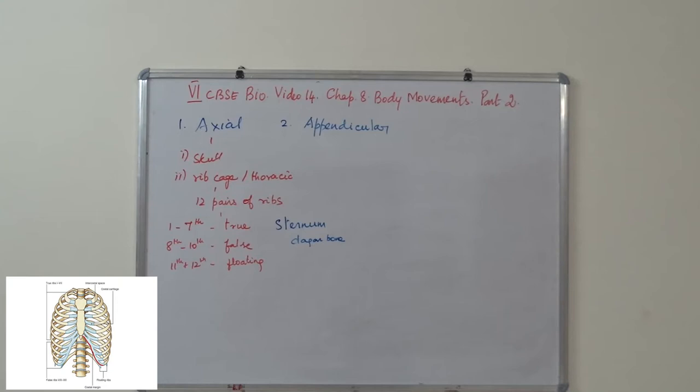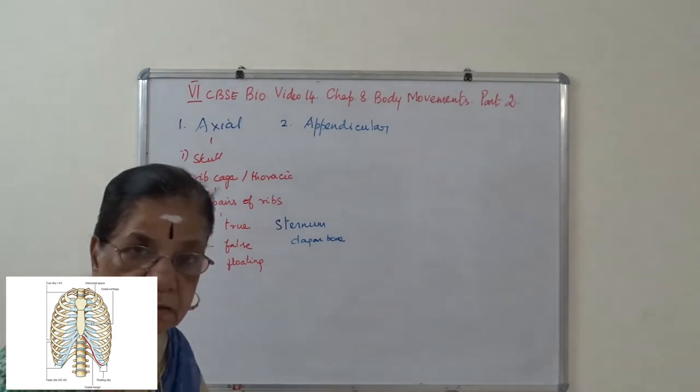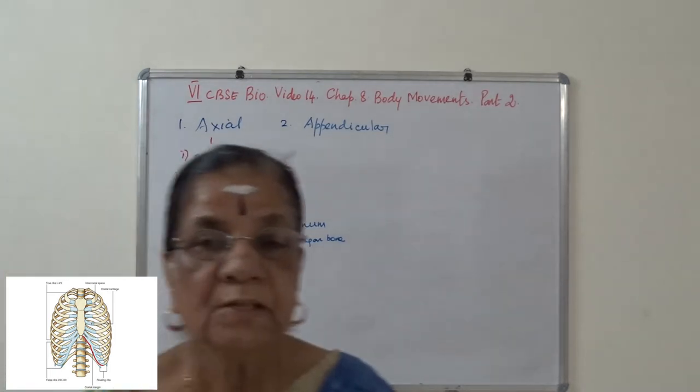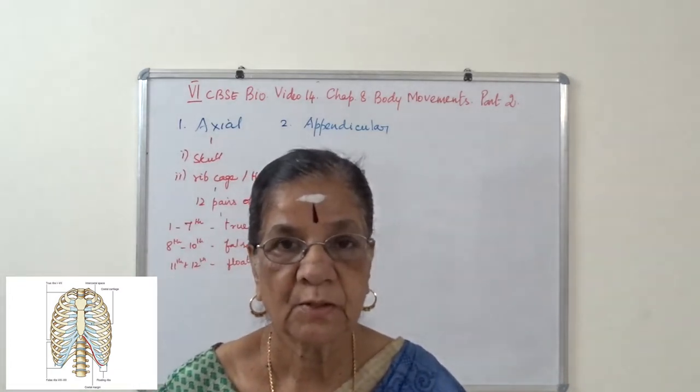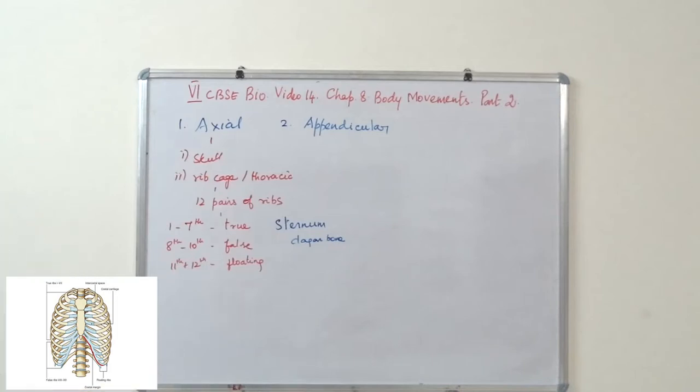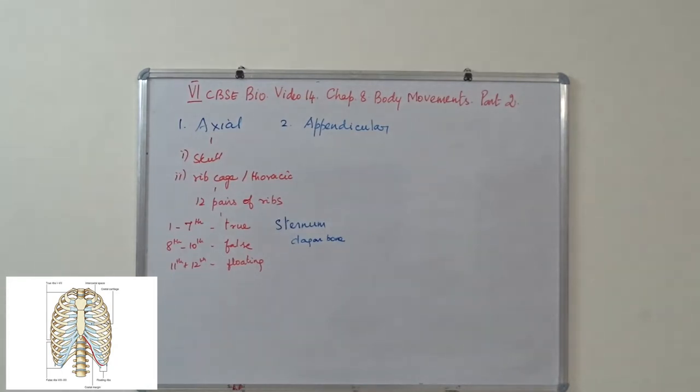And then the ribs of the 11th and 12th pairs are not attached to the sternum, so they are called floating ribs. I hope you follow. So this is for the thoracic cavity or chest cavity. Right? Now the next one, what we are seeing.